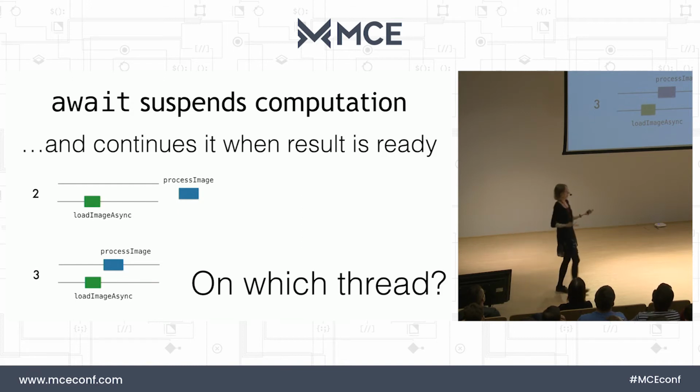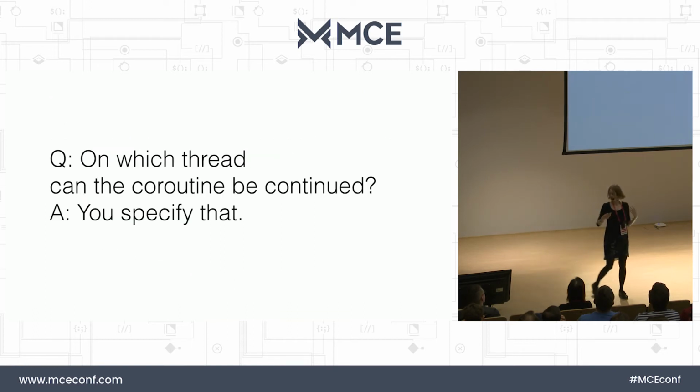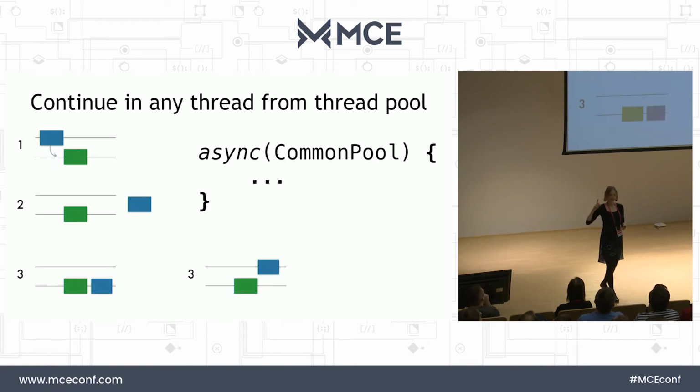There is a question: on which thread do we continue our computation? Because you see here, we can continue on the same thread or on another thread, and actually the answer is, it depends, and you specify that when you call async. And here I have to admit, I, to some extent, lied in the previous slides, because at least in the current design, you can't call the async function without these parameters specifying where you want to start your new coroutine.